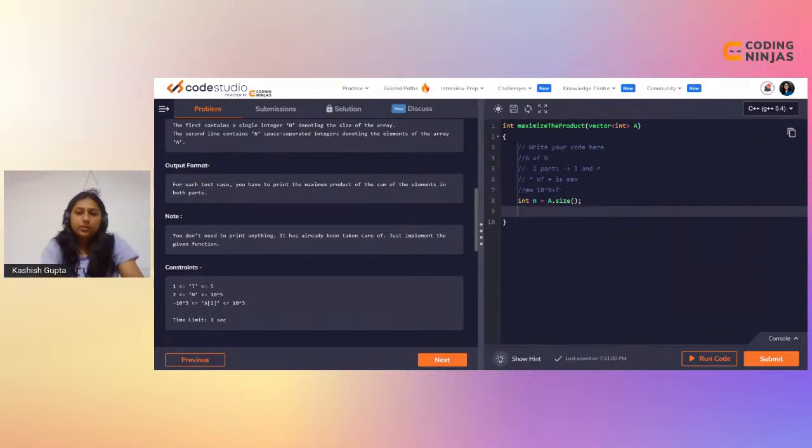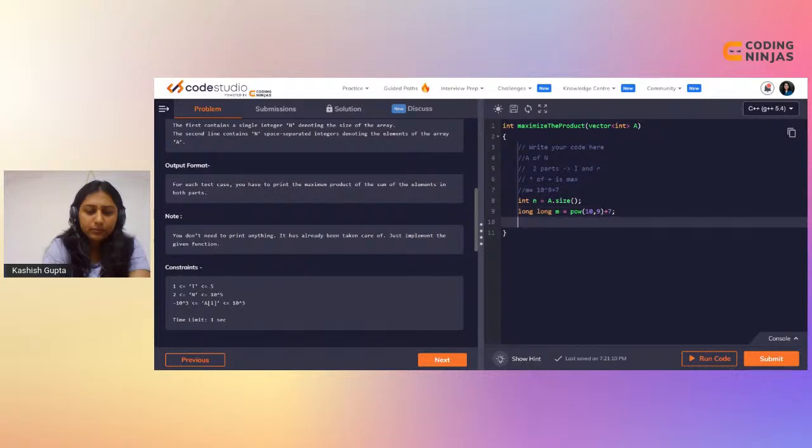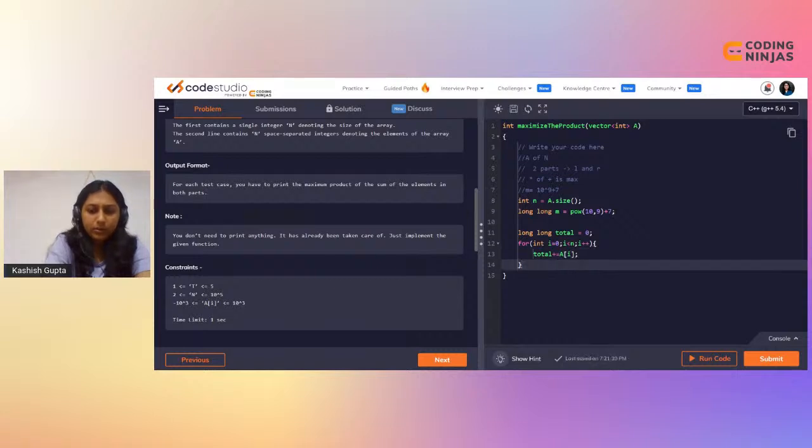Then we need to take the sum first. Total equals 0, and then we can run a loop. So we got the total sum, and now let's initialize a left sum as 0.